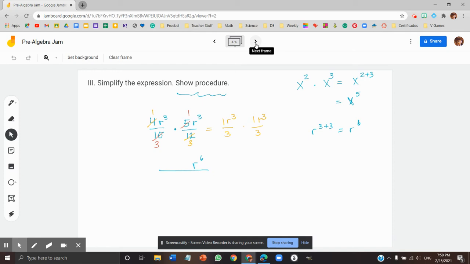And 1 times 1 is 1, so that r stays all by itself. And 3 times 3 is 9. That is all we really have to do, and that is my answer.